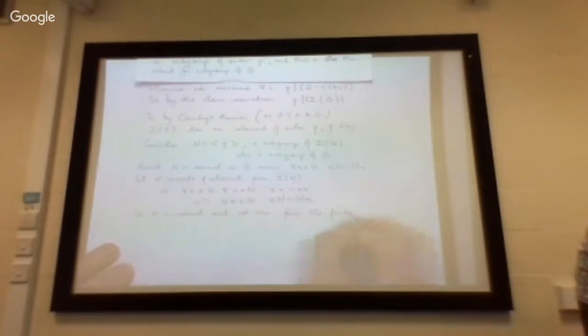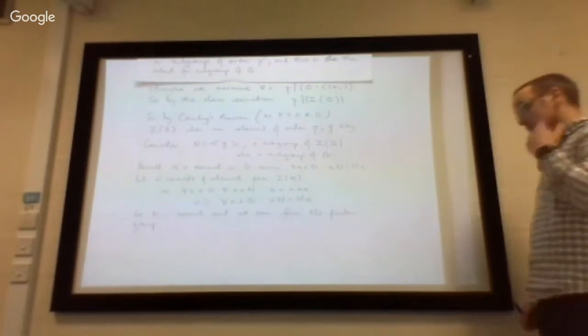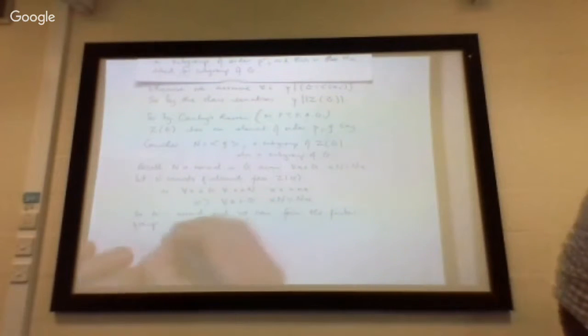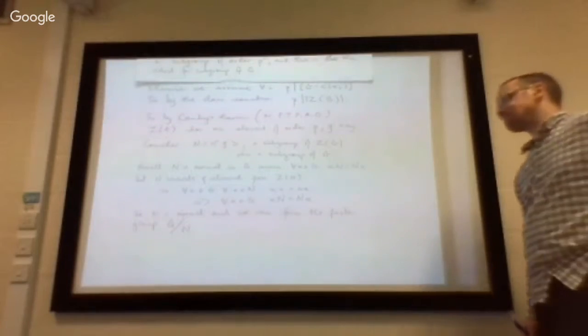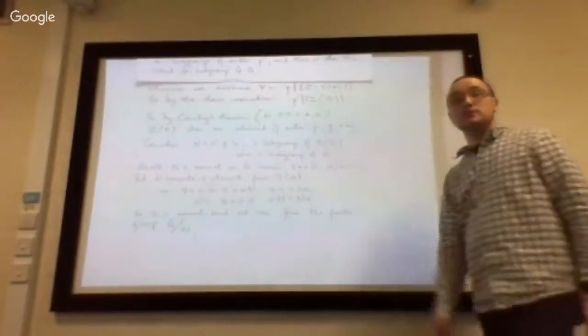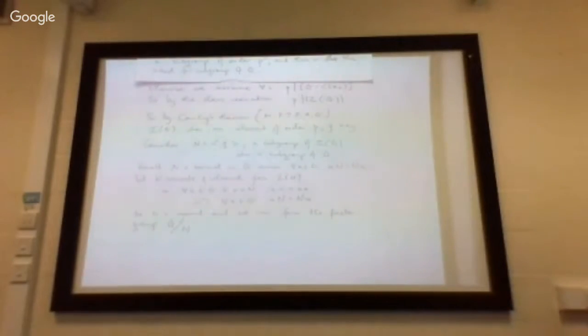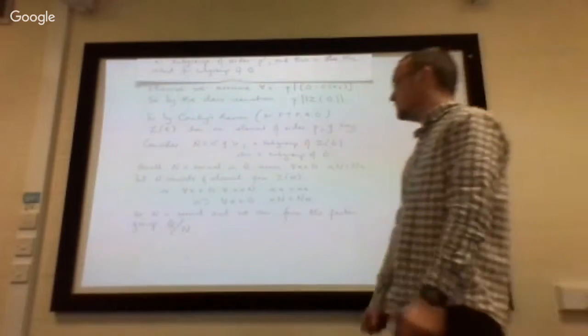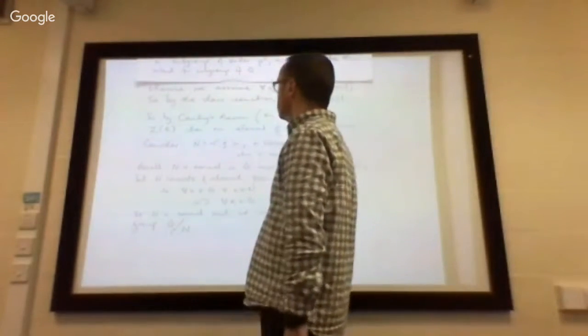N is normal, and we can form the factor group. I kept saying quotient group there, but Judson's book uses the terminology factor group. The factor group G mod N. Now, this is certainly a smaller group than G, because we're factoring out by something non-trivial. Is N non-trivial?